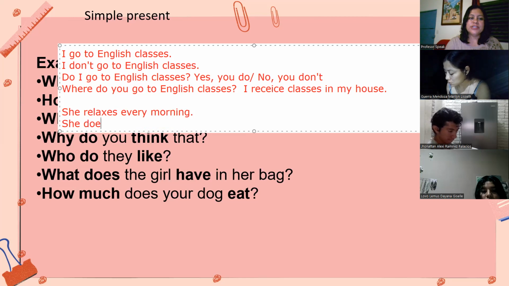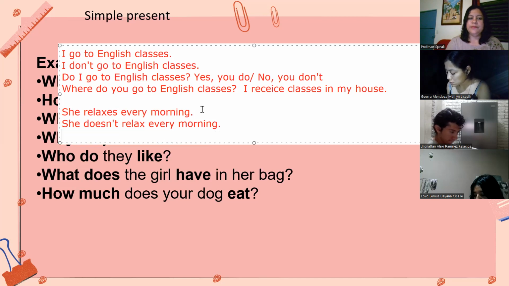The negative will be she doesn't relax. Oh my God, she doesn't relax every morning. Then, the question, does she relax every morning? And then you know the answer. Yes, she does. No, she doesn't.